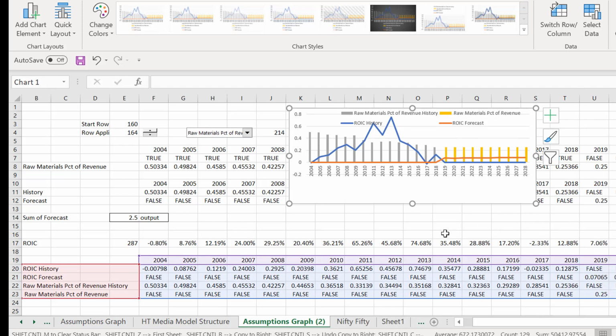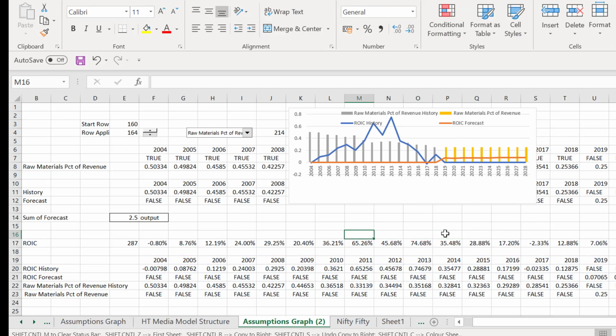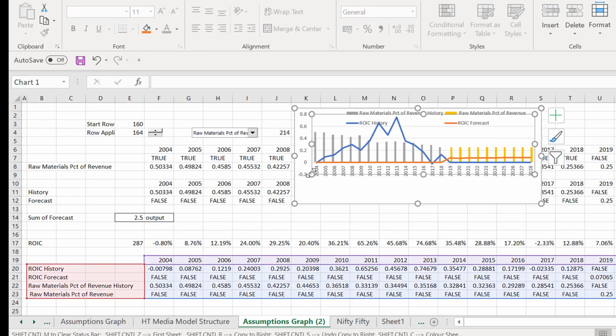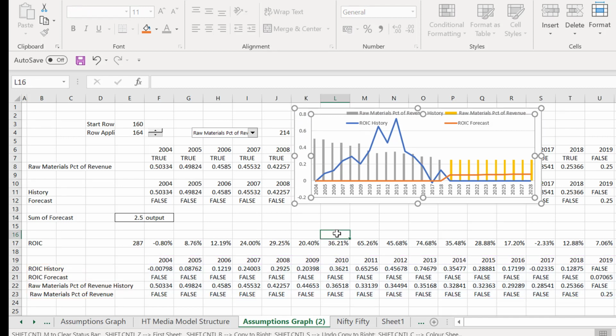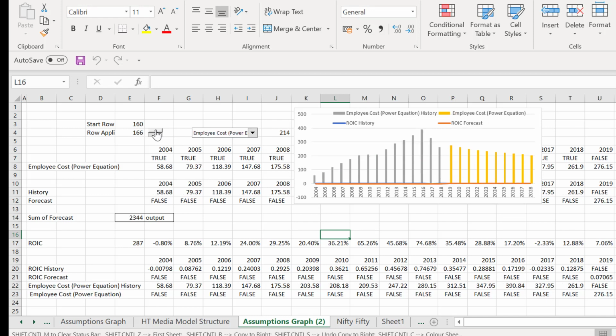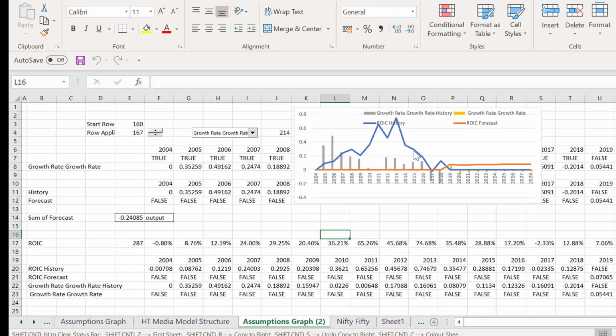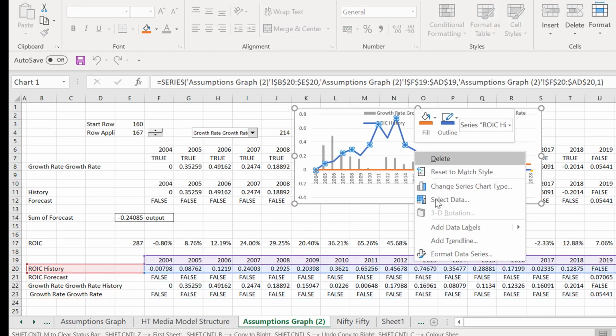So what I'm really interested in doing is seeing what was the driver of that ROIC being so high, and we can start, well, let's just kind of go up the, we need to put these on the second scale.